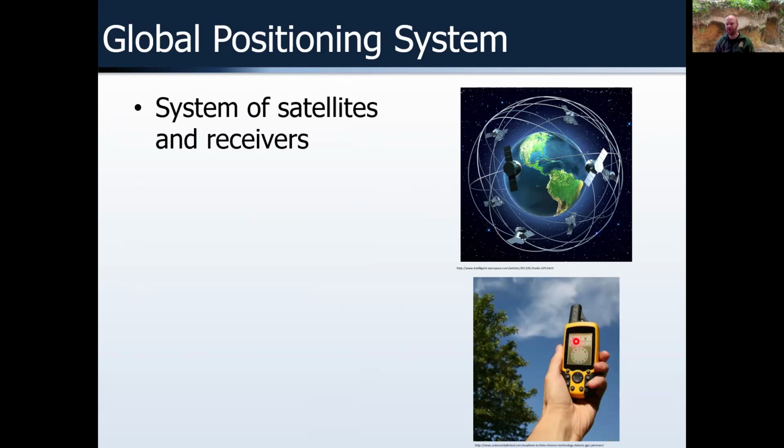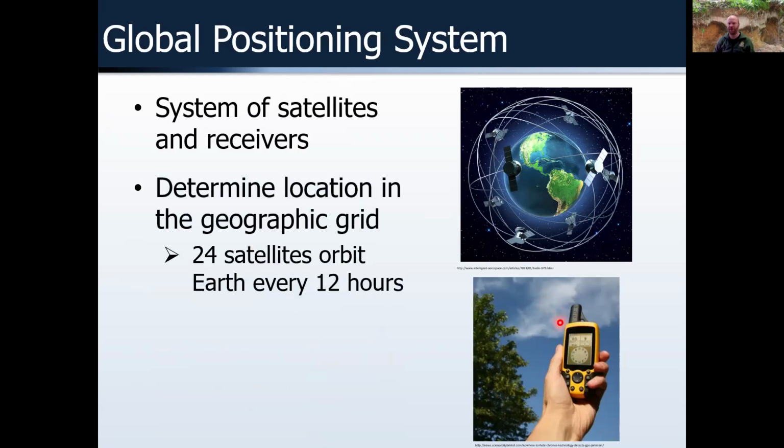And so this device is literally receiving signals from any and all satellites that it can communicate with, and it is using that to determine your location in latitude or longitude or any of the other projections at any given time. And so we're using it to determine our location on Earth.